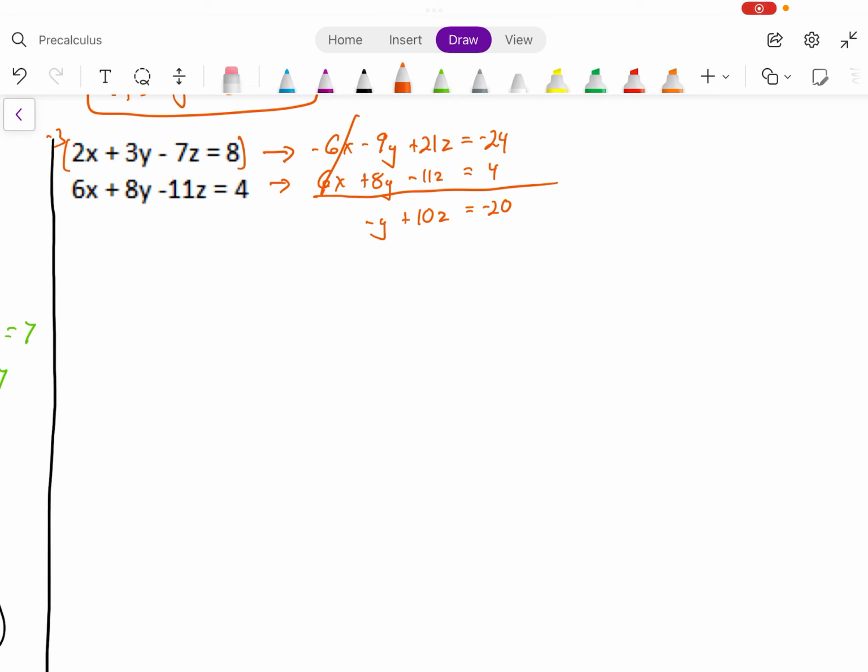All right, now what you want to do is you want to solve for the easiest variable to solve for. There's not always an easier, so you just choose one. In this case, it's definitely easier to solve for y. So we're going to go ahead and solve for y, which means we can subtract 10z from both sides.